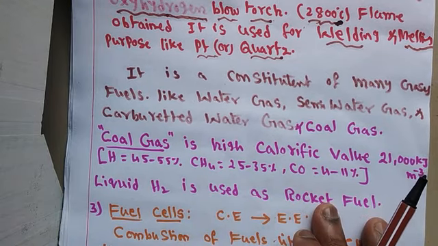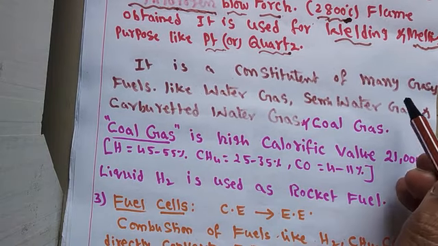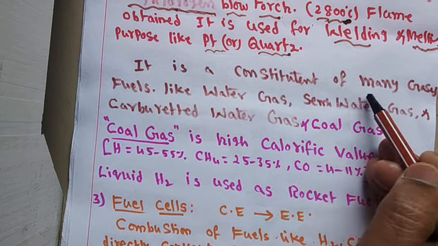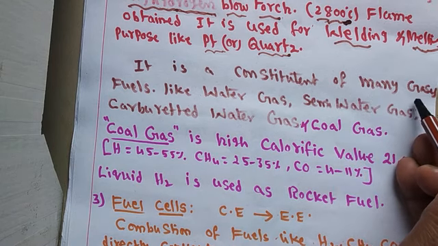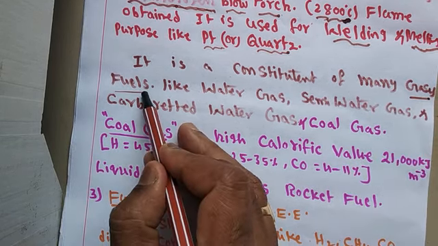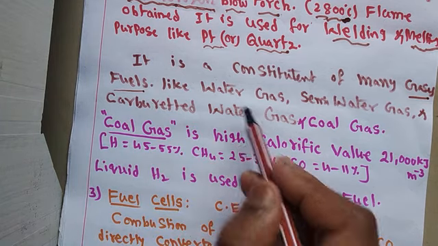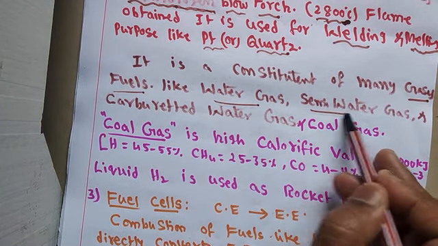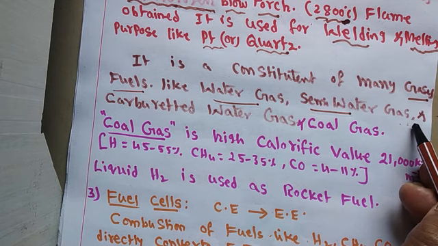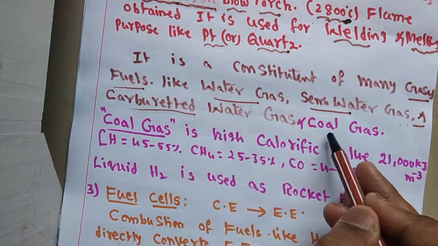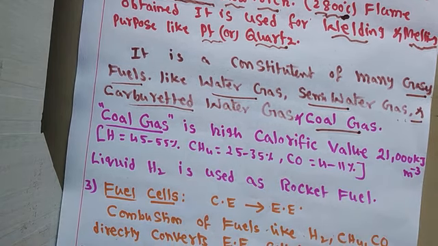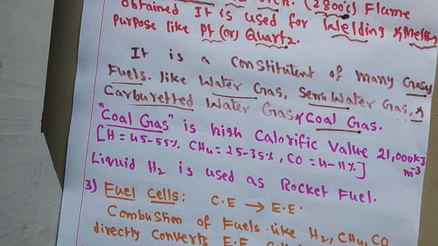Next, children, it is also one of the constituents of fuel. Hydrogen is one of the constituents in gaseous fuels. Many gaseous fuels are available, children, like water gas, semi-water gas, carbureted water gas and coal gas. These are examples of fuel gases.